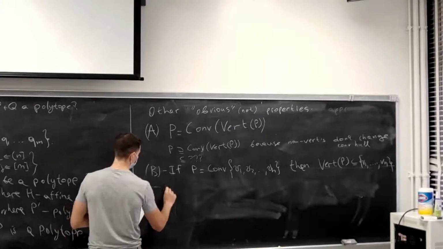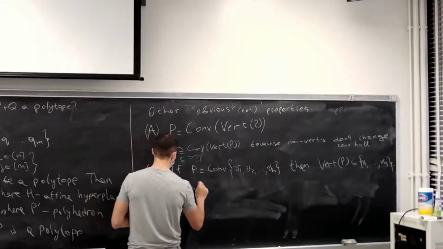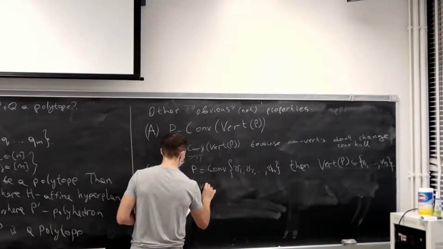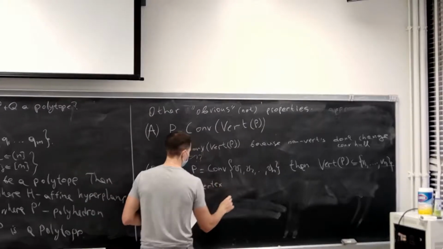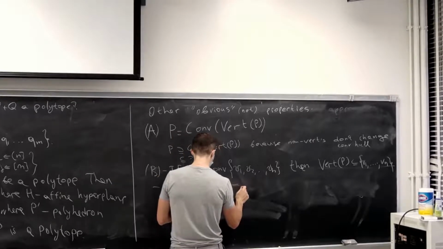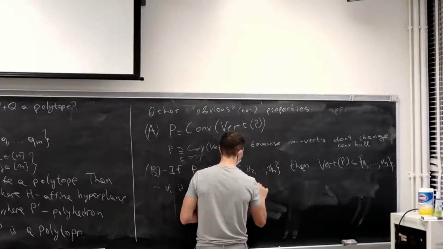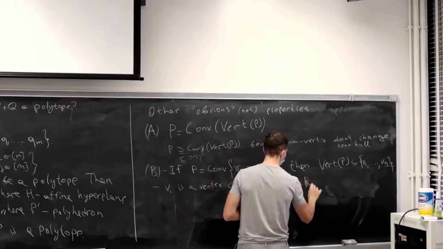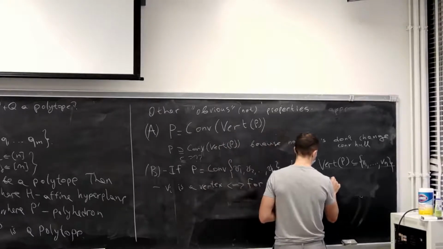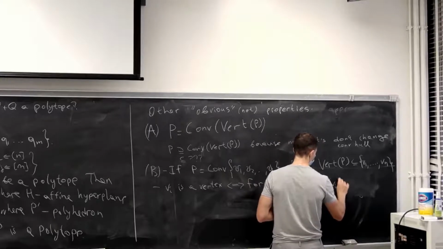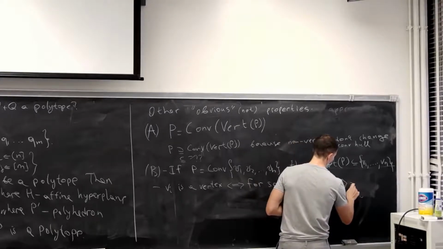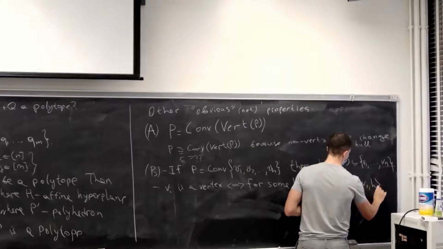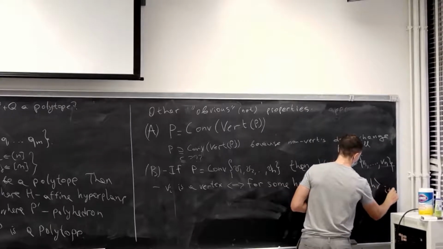And then let's say Vi is a vertex if and only if for some h in R^d, the dot product of Vi with h is strictly bigger than the dot product of Vj with h, for i not equal to j.